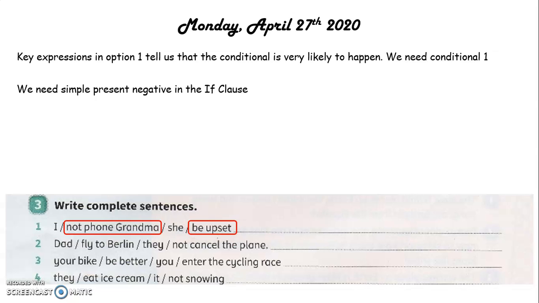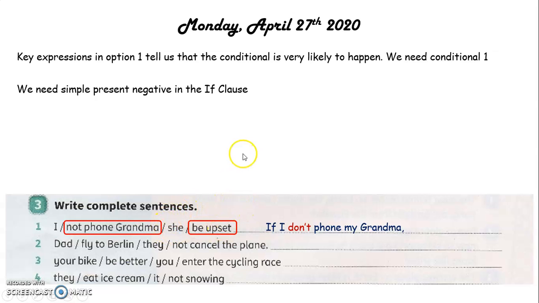We need simple present but negative to start the conditional. So we start with if, I have the subject here, and then I have to form the simple present with the negative of this. My auxiliary for negatives in present is don't. So it reads, if I don't phone my grandma, how do we finish this sentence?